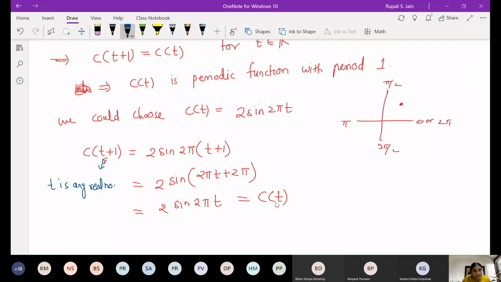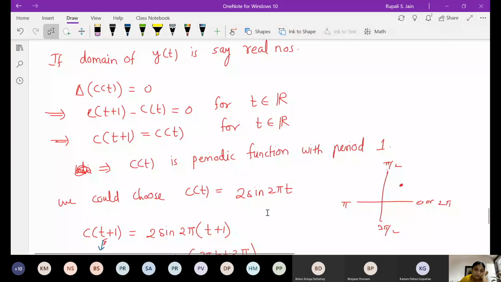But still c at t plus 1 is equal to c at t for all t belonging to R. So it is not necessarily true that if delta c of t is equal to 0, then c of t must be constant. It is not always true, because there may be some periodic function for which delta c of t is equal to 0. Is it right?